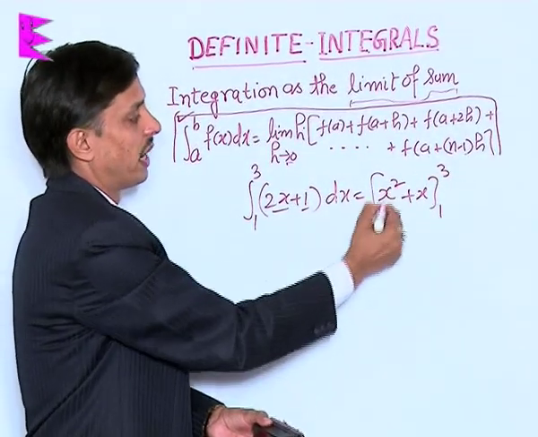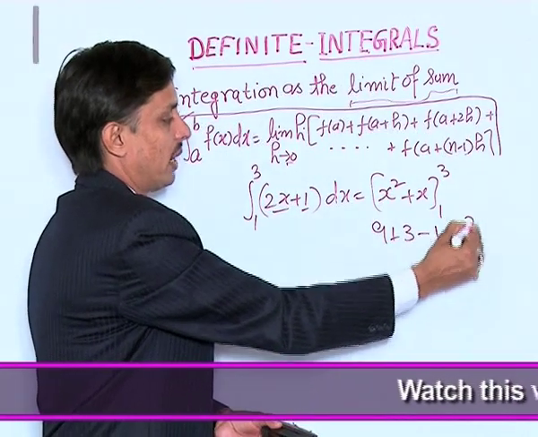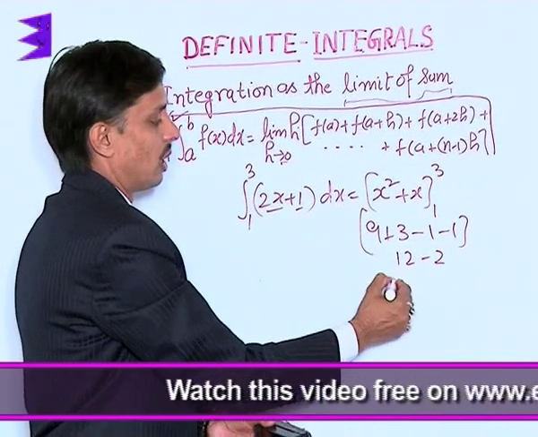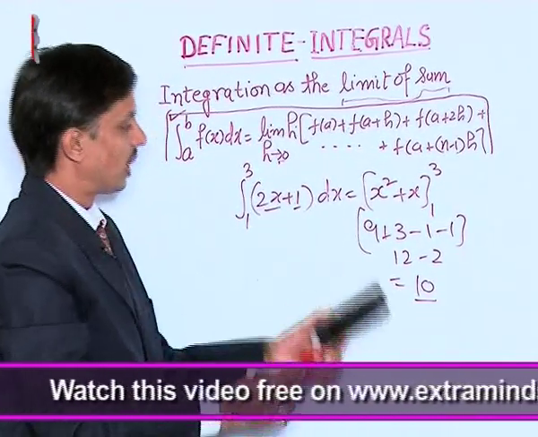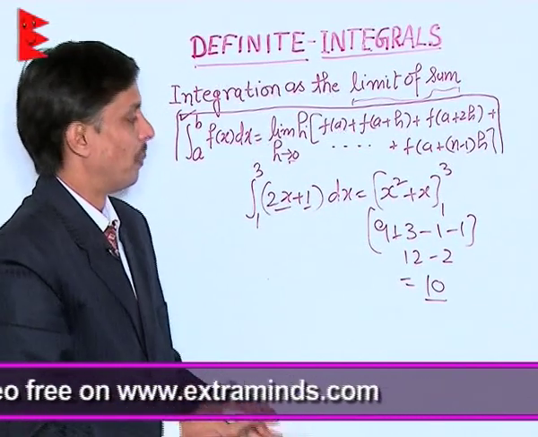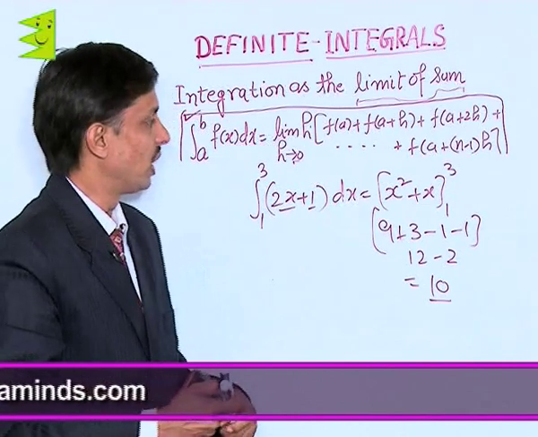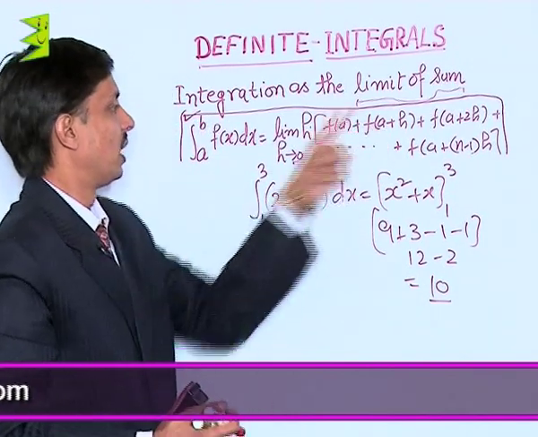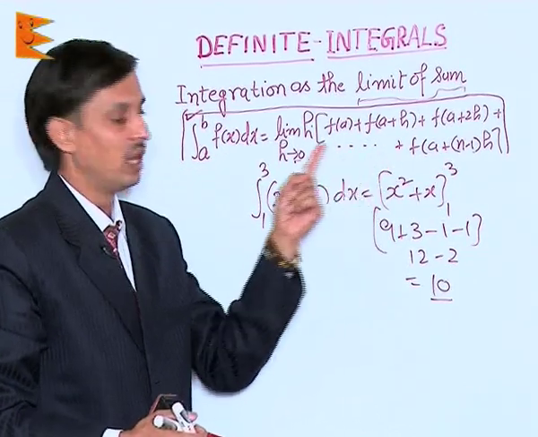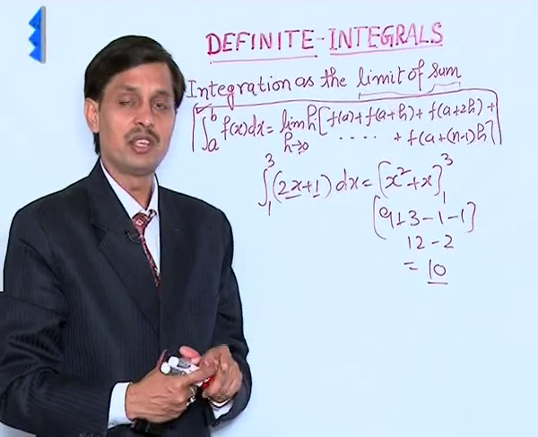So first we write 3, that is 9 plus 3, minus, then we write 1 plus 1. So 12 minus 2, the answer is 10. It's hardly a question of 20 seconds, but if you are bound to solve using the limit of sum, then accordingly you have to notice this formula and apply some other results as I discussed with you in this special problem.